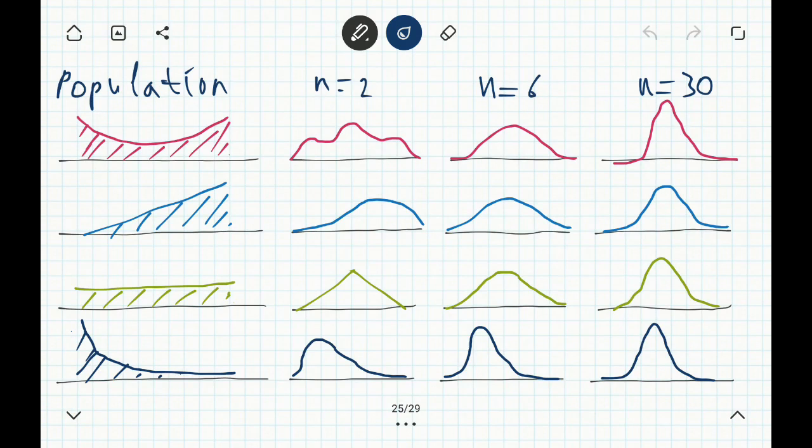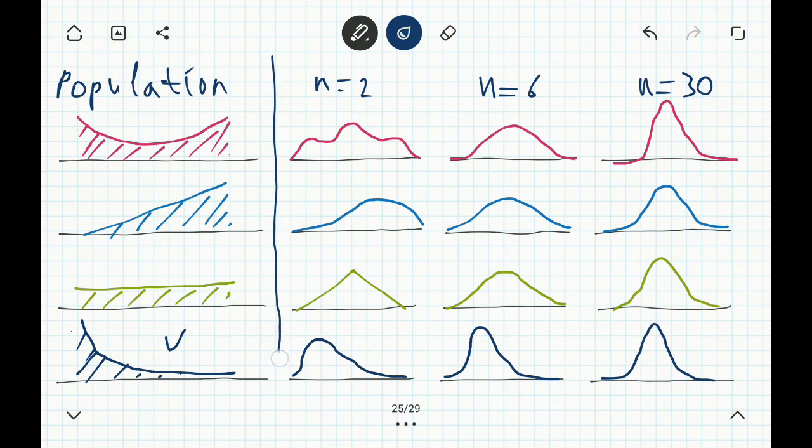So here, several general examples. You can have populations which are distributed in different ways. So our case, the distribution we looked at, is more close to this one, to the fourth one. But we can also take the uniform distribution or any other kind of distribution. And as we draw the samples and look at the sampling means, sampling distributions, we will see that they tend toward normal distribution.